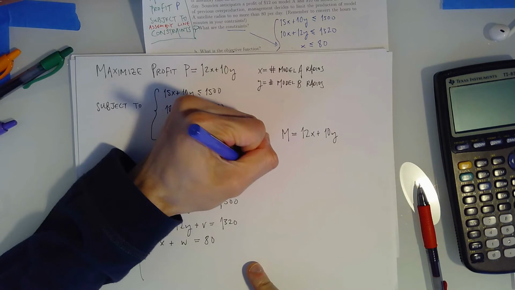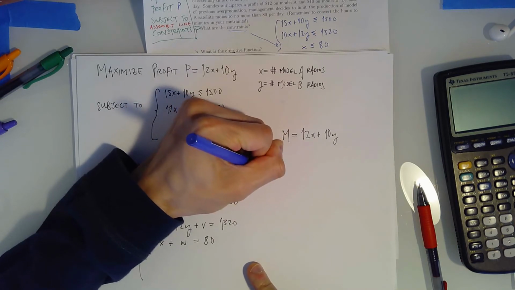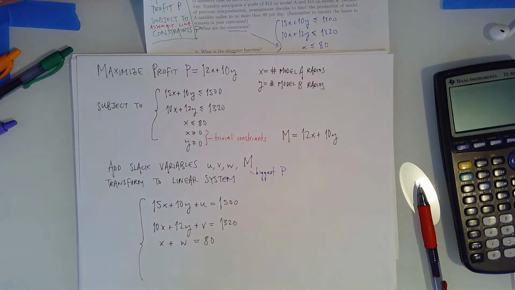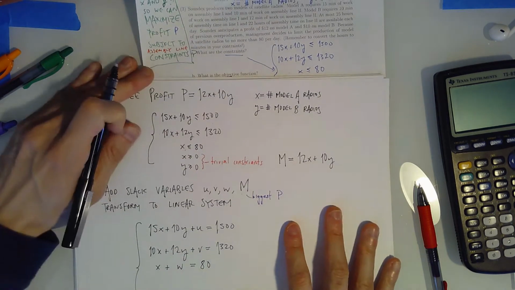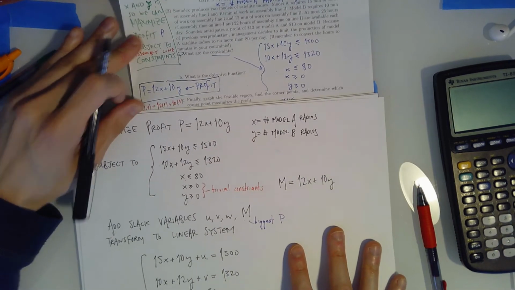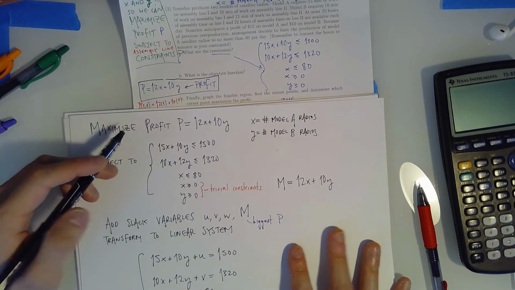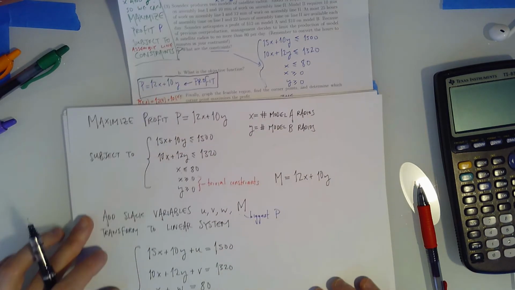This is the biggest profit, and that's what we're trying to find. We're trying to find m, essentially. In this problem, remember, we're trying to decide how many radios we need to maximize the profit.